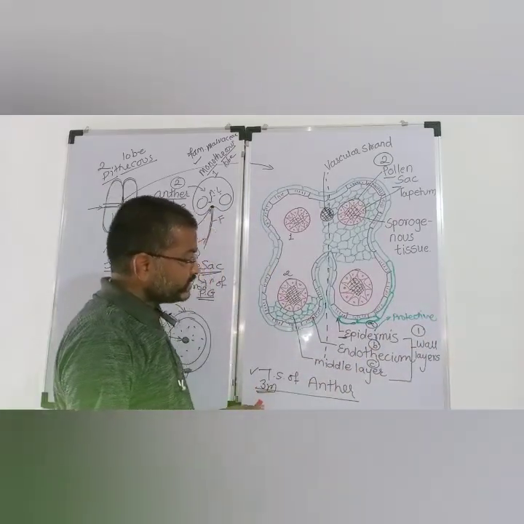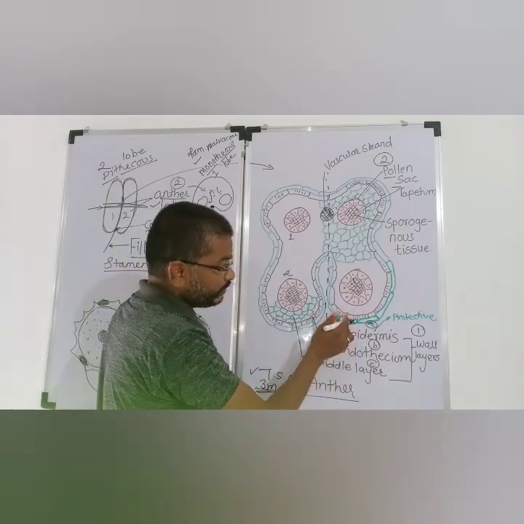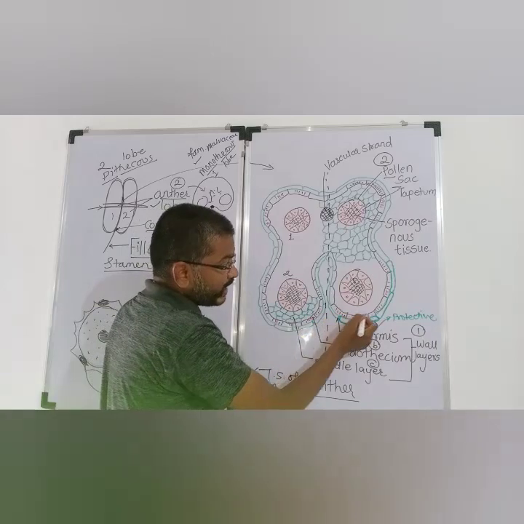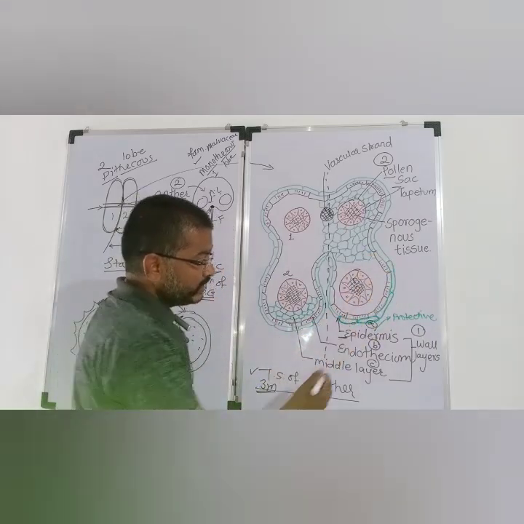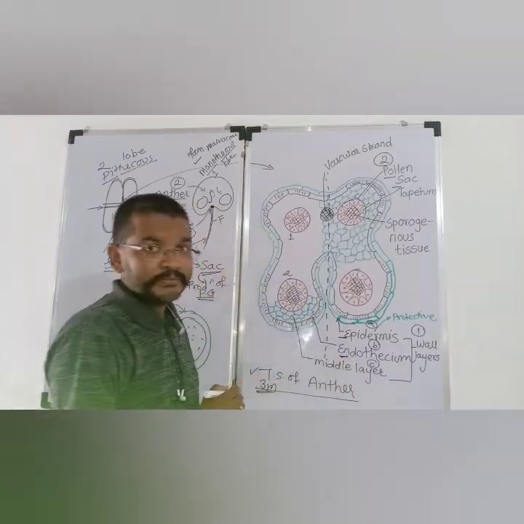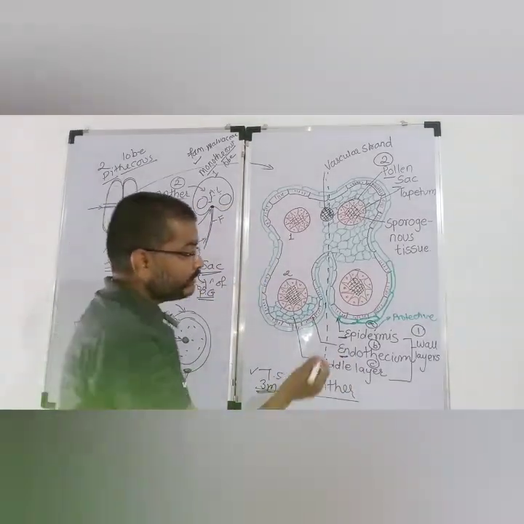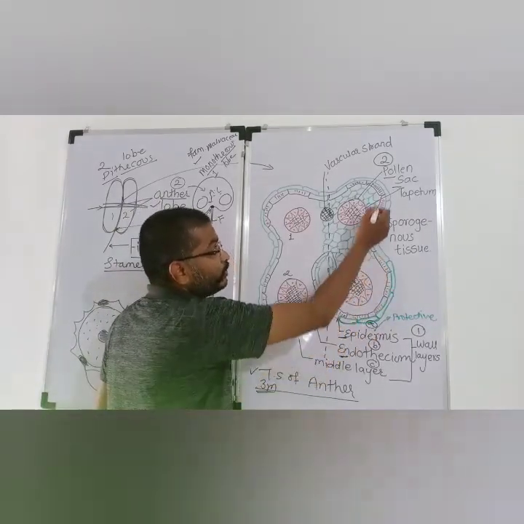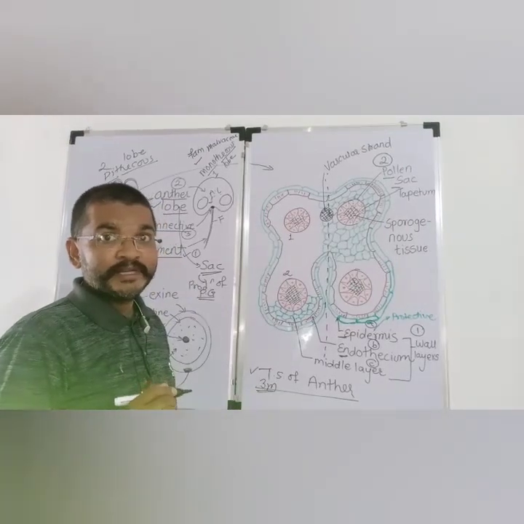Second layer of cells, those which are present below the epidermis, means this black color layer, the black color cells present below this epidermis, that is called as endothecium. Endothecium is made up of special type of cells. Whatever cells are present in this endothecium layer, they are provided with special type of fibrous thickening.